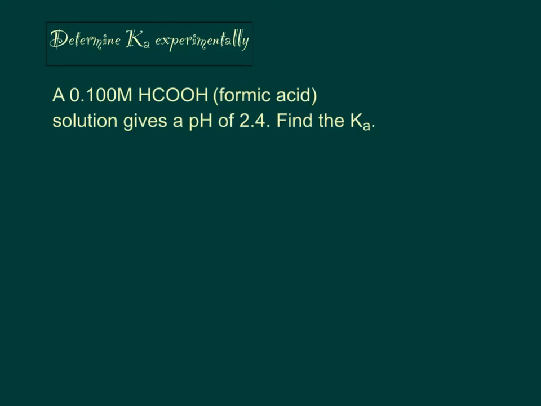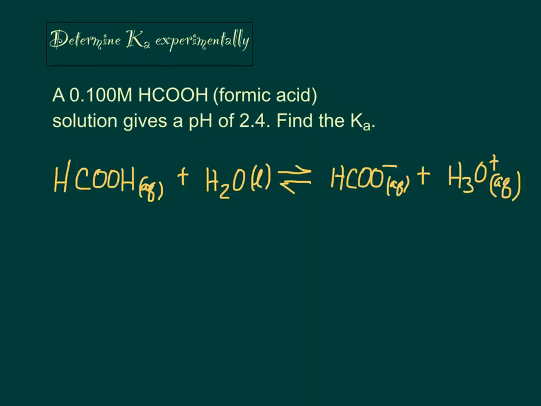Find the Ka. Well, just like any good chemistry student knows, the first thing you need to do is start with a balanced equation. So let's get a balanced equation written. And hopefully that's what you came up with for your balanced equation. Now, what information do we know? We know the pH is 2.4. We also know we have a 0.1 molar solution of the acid.